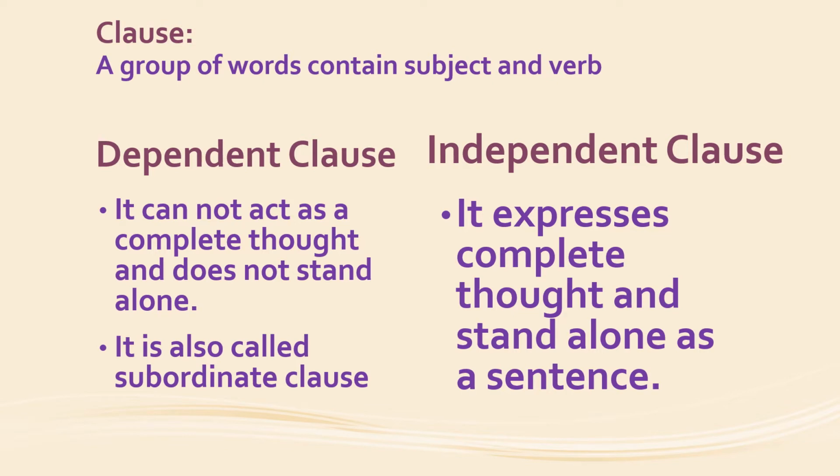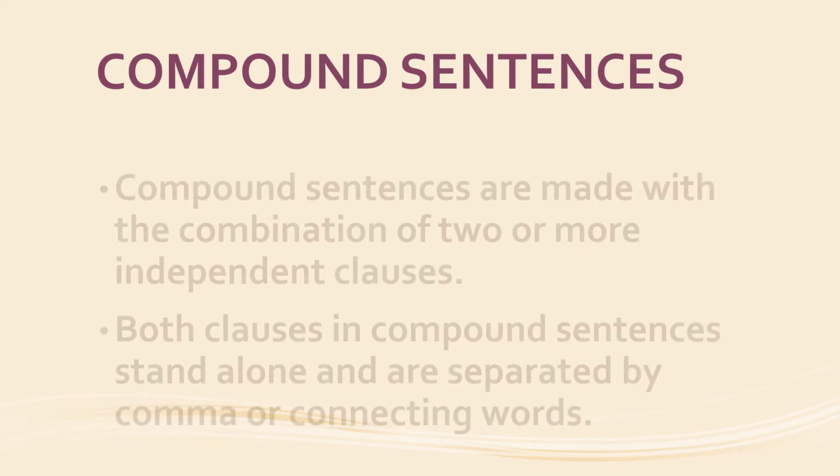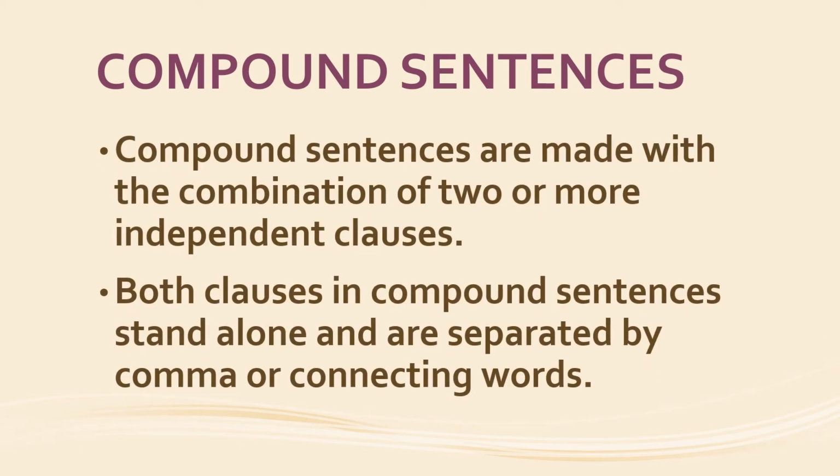Let me move forward. Compound sentences. What are compound sentences? The compound sentences are made with the combination of two or more independent clauses. Both clauses in compound sentences stand alone and are separated by comma or connecting words.